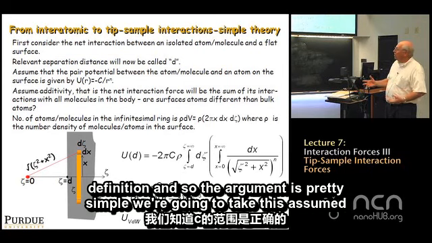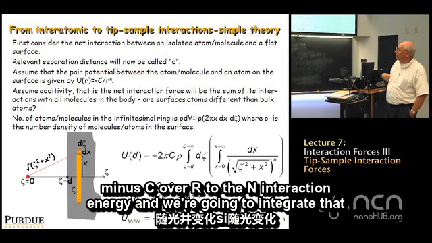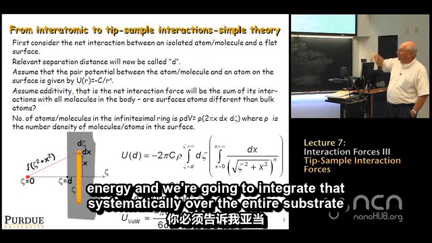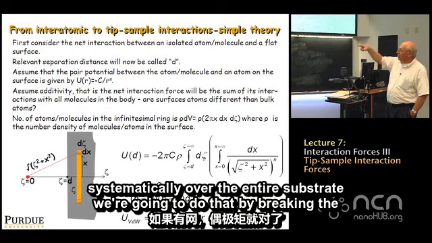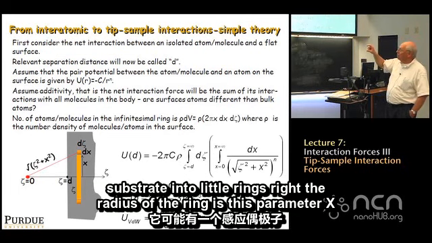We're going to take this assumed minus c over r to the n interaction energy, and we're going to integrate that systematically over the entire substrate. We're going to do that by breaking the substrate into little rings, right? The radius of the ring is this parameter x.